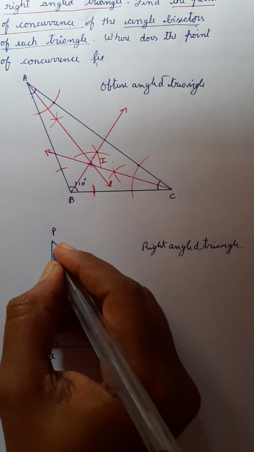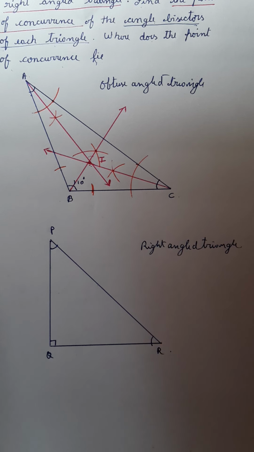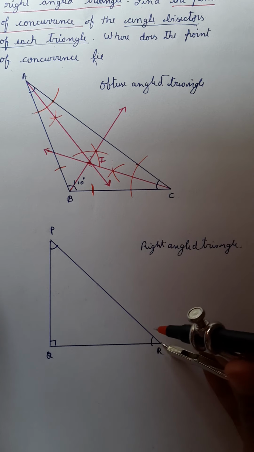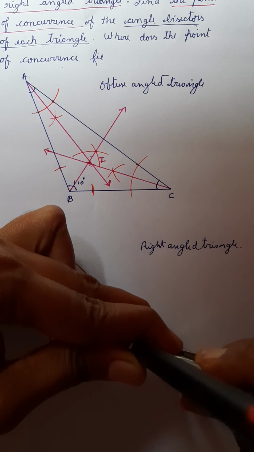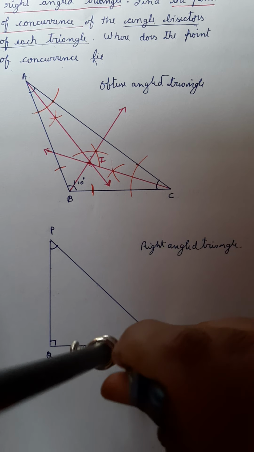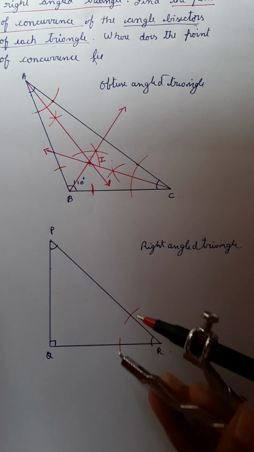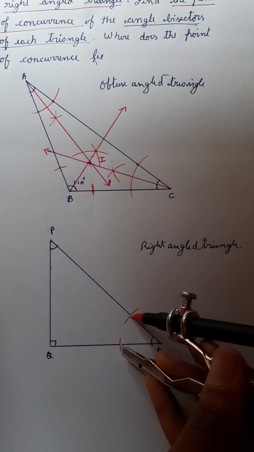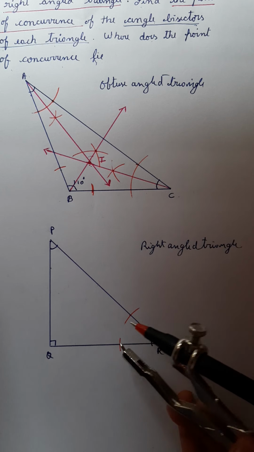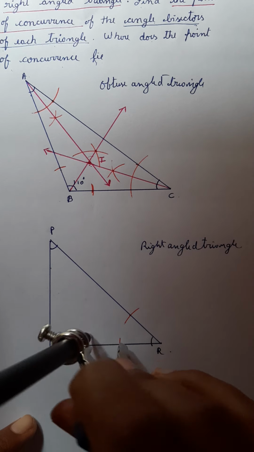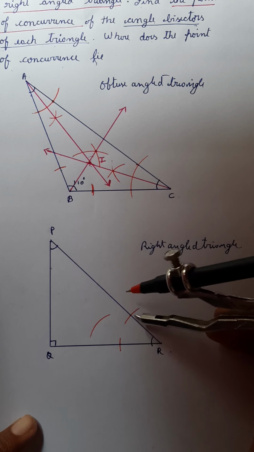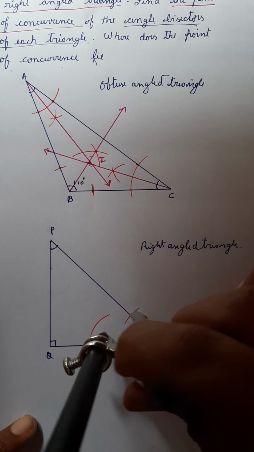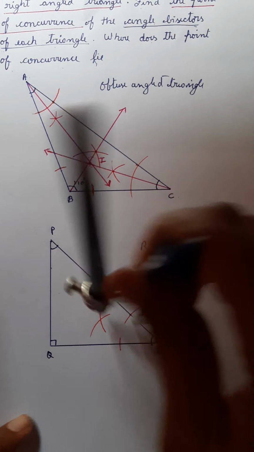Here we are getting three angles, so we will bisect. So how to bisect? Take a small arc and cut. Take these intersection points, measure. Keep on this point and cut the arc, and keep on this point, cut the arc.